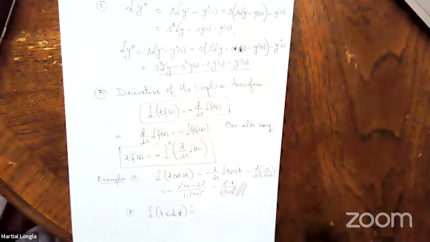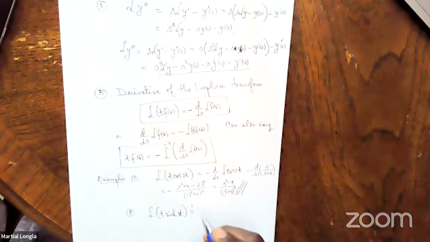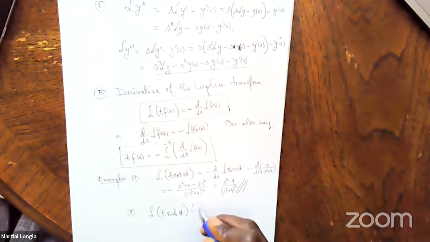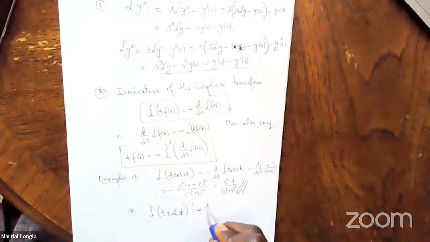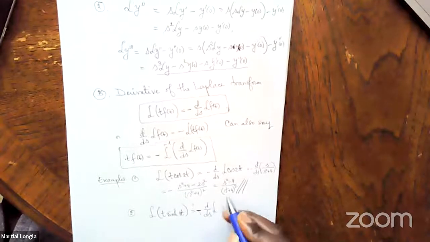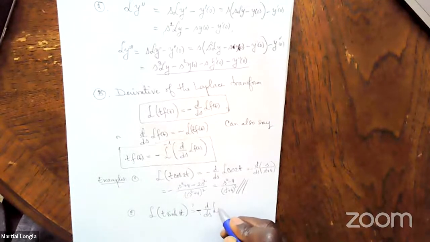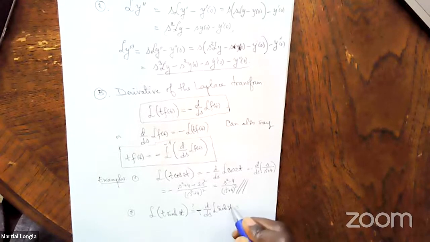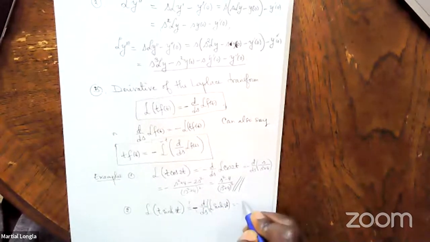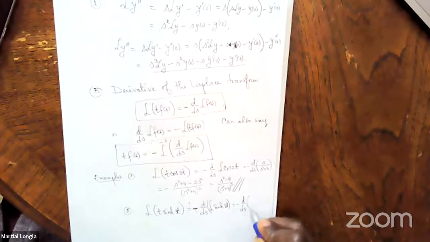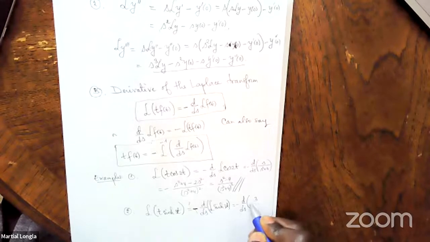So who can present his answer? What's the first step? It'd be negative d over ds times the Laplace transform of hyperbolic sine of 3t. Okay, that's the next. It would be negative d over ds, and then the Laplace transform of hyperbolic sine of 3t would be 3 over s squared minus 9.